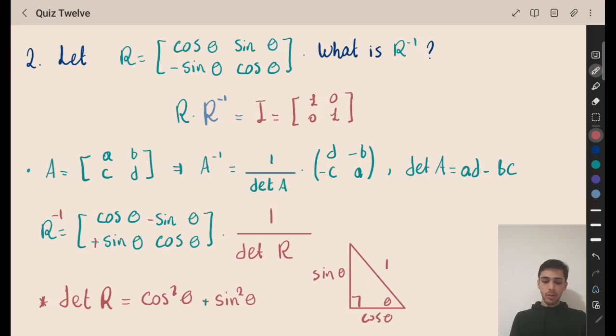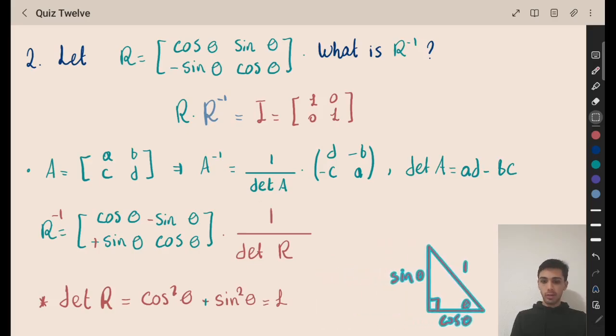Pythagorean identity. But anyway, this is always equal to 1, is what I'm trying to say. And if this is equal to 1, then the determinant is just equal to 1.